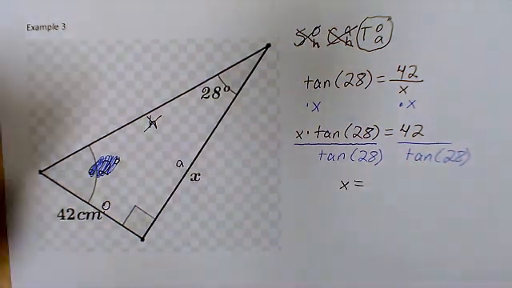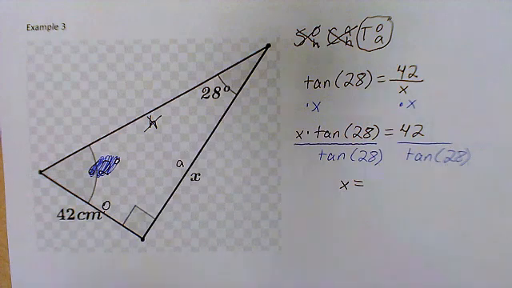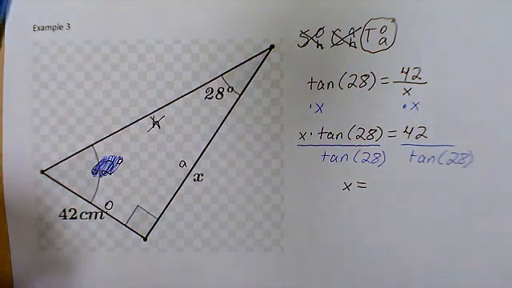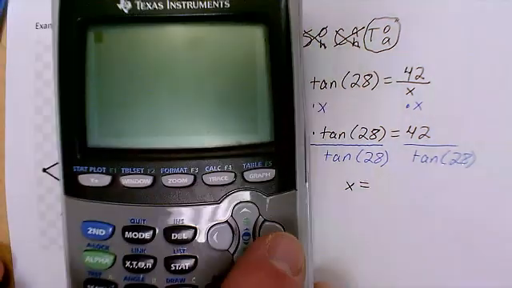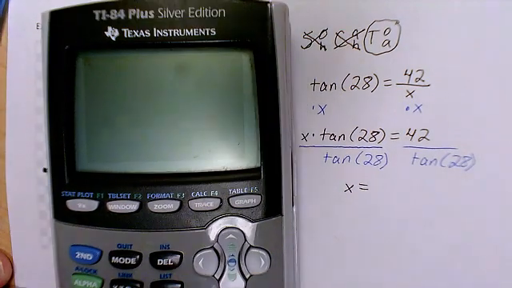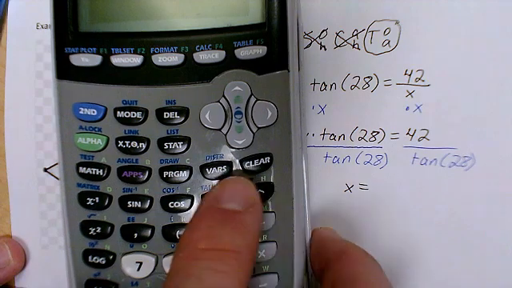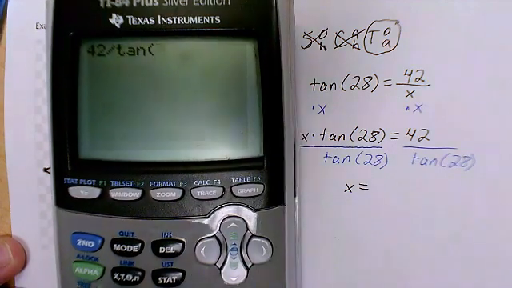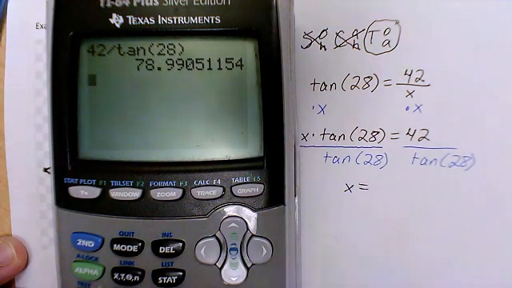Now I'm ready to use my calculator again to see what that value would be. So here comes that. I'm going to type in the 42 and hit the division key. There's my tangent button. So tangent of 28. And I get 78.99.